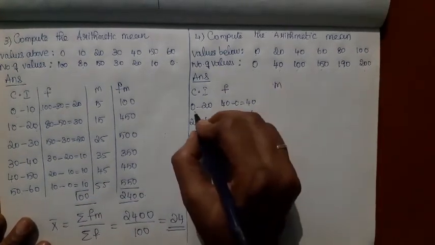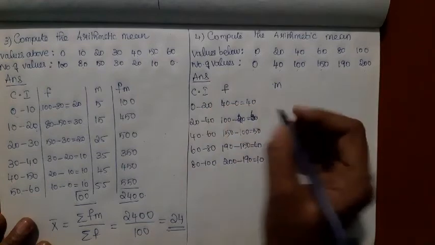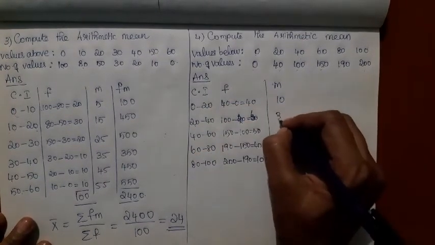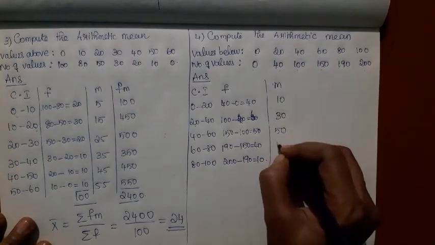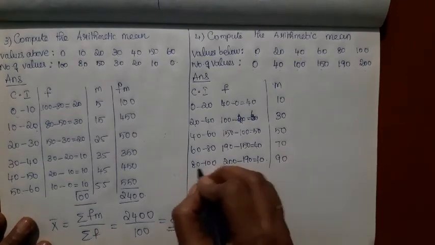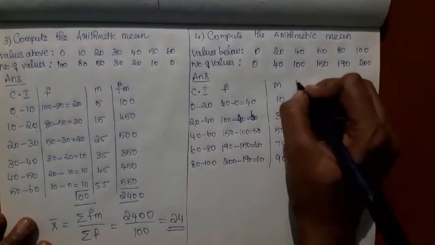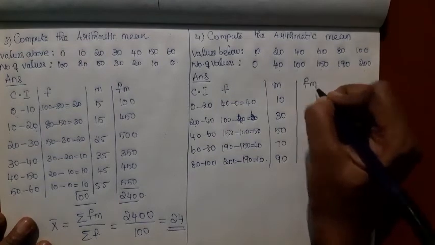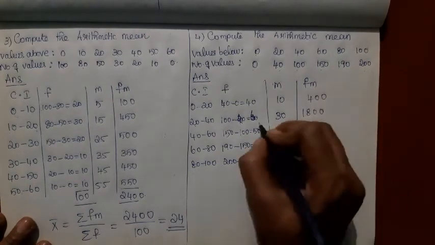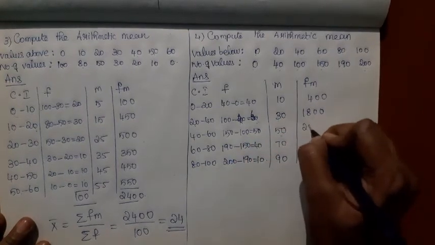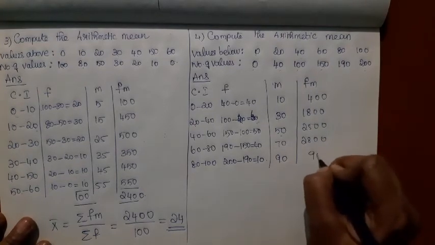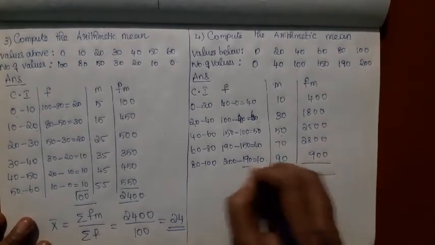Now calculate the midpoint. Lower limit plus upper limit divided by 2. 20 plus 40, 60 divided by 2. Here 50, 70, 90. This plus this divided by 2 is the midpoint. Now compute fm. fm is 400, 1800. I am multiplying these two values. Multiply these two values. Add fm and f.